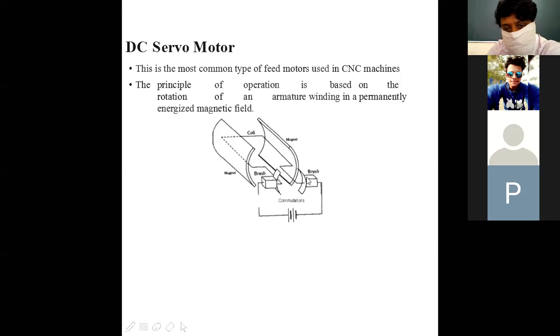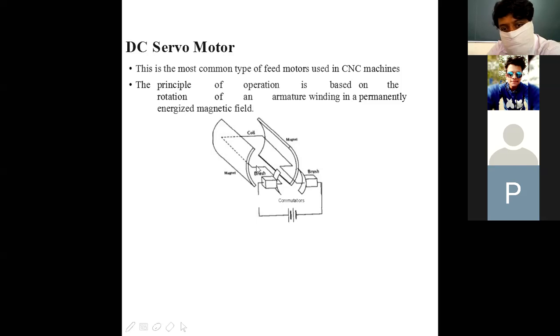This is a brushed type servo motor. Brushed type means it is touching this part, and commutators are there. Now when we complete this circuit, what happens?